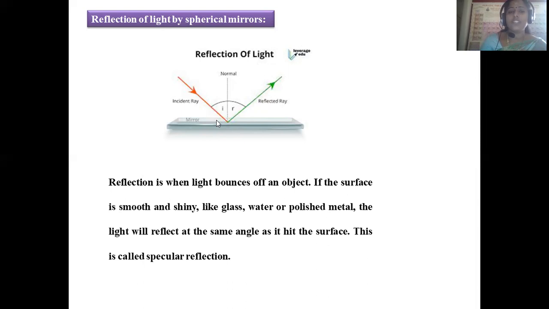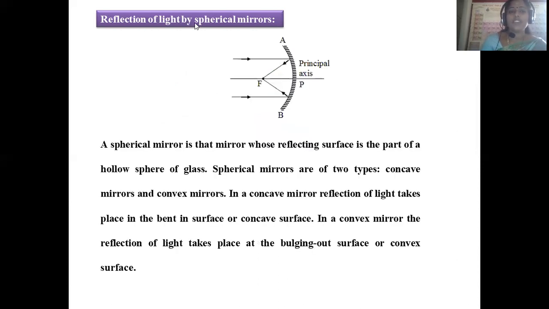Light passing from its origin and bouncing on, or hitting, any surface, for example a mirror, will travel through a certain angle. This entire process is said to be reflection of light, right? The incident light angle and the reflected light angle are measured from the hypothetical line, right? So now let us discuss reflection of light by spherical mirrors.